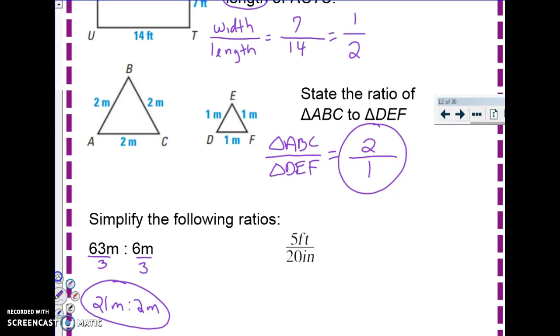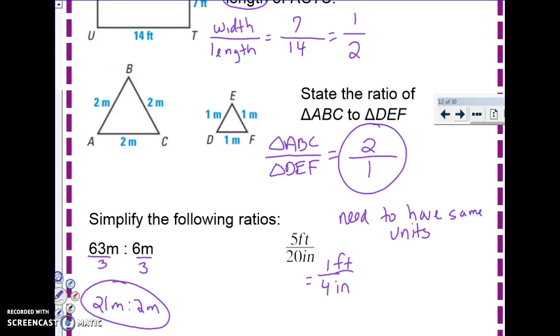And the last one, you might be good with just saying it's 1/4, but when you are simplifying ratios, you need to have the same units if you're talking about the same kind of measurement. If I was talking about dollars to gallons, there's no way I can make those be the same. But feet and inches both measure length. So I can first reduce this to 1/4 if you really feel like I need to do that.